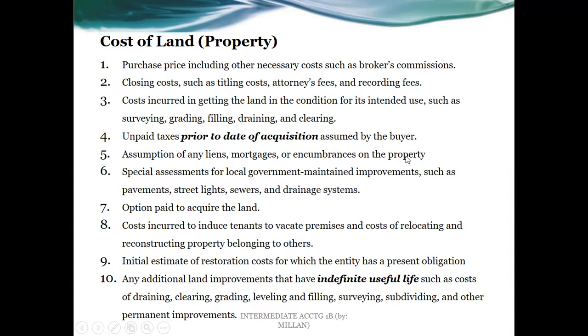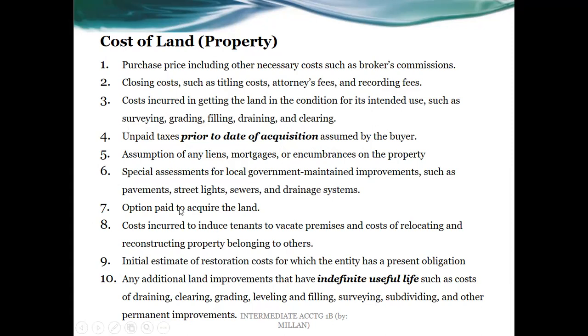So this means that the property was used as a collateral for any credit transaction. So let's say a loan from the bank, it is used as a mortgage. If the mortgage is assumed by the company, then that will form part as the cost of PPE. So that will be an addition, and then that will be a credit to mortgage payable, for example.